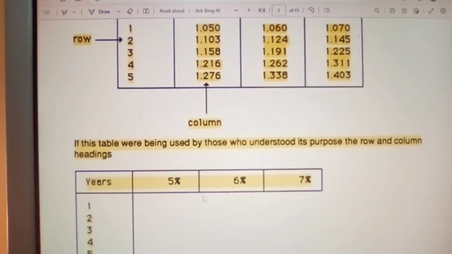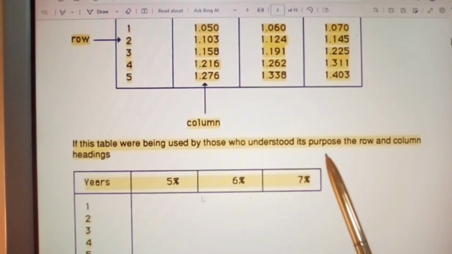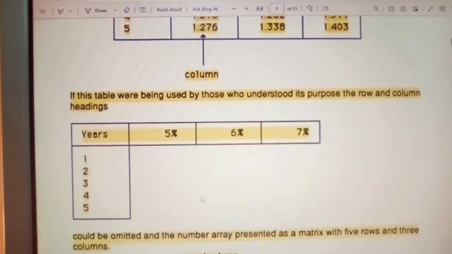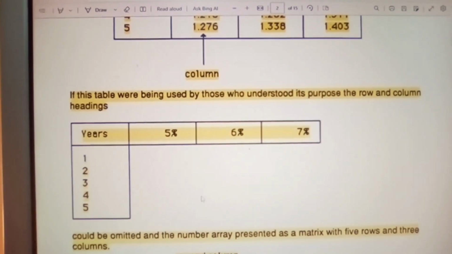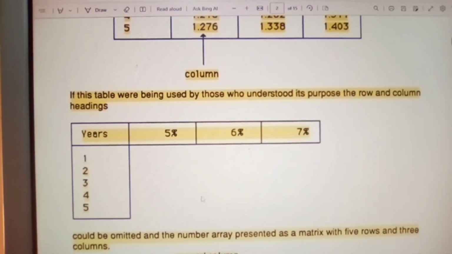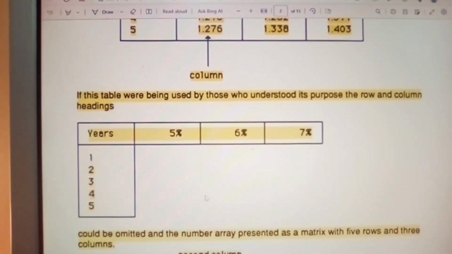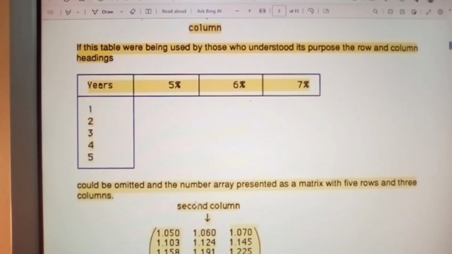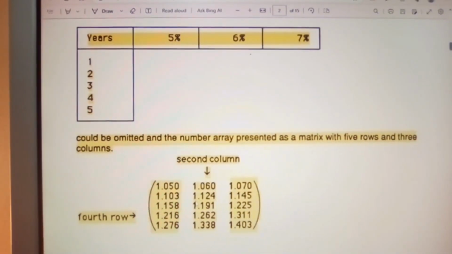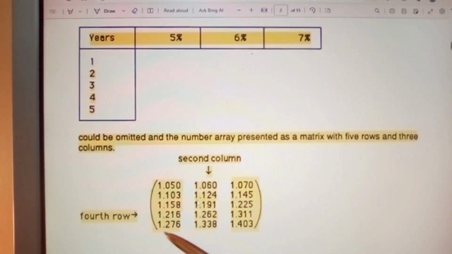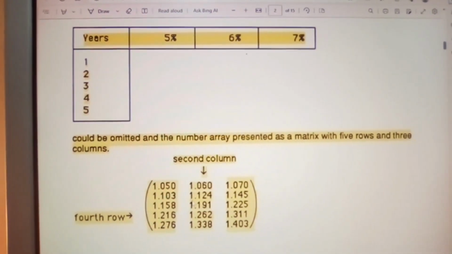If this table were being used by those who understood its purpose, the row and column headings could be omitted and the number array presented as a matrix with 5 rows and 3 columns. Five rows: 1, 2, 3, 4, 5. Columns: 1, 2, 3.